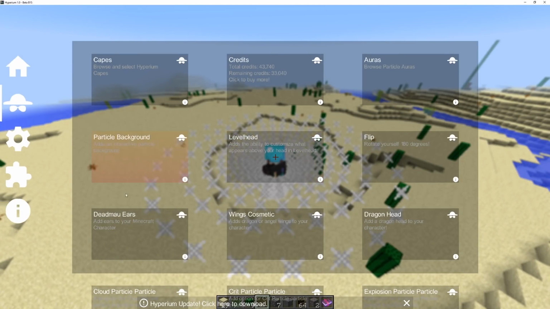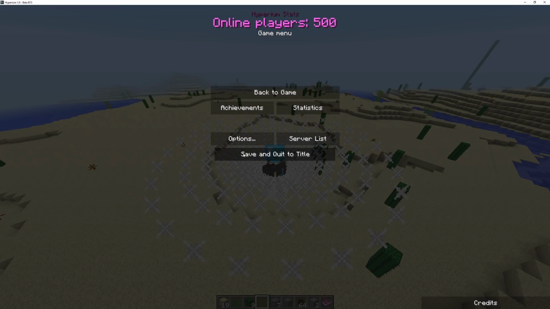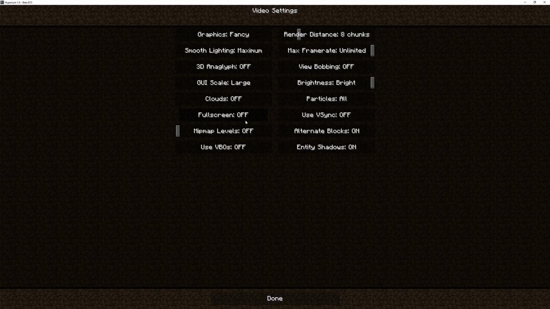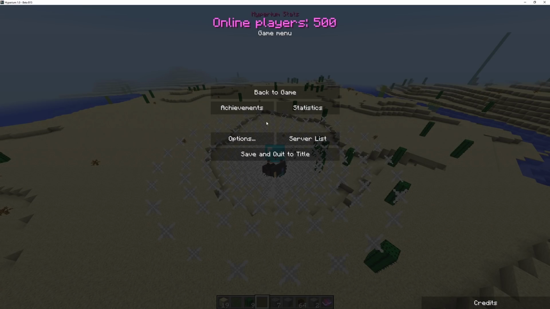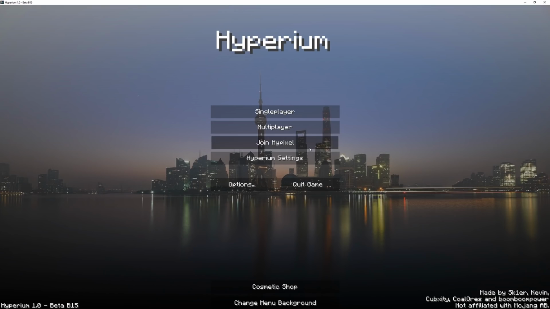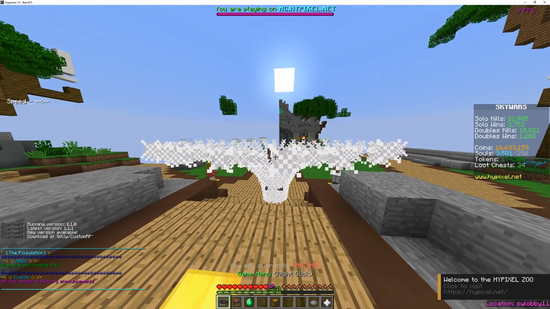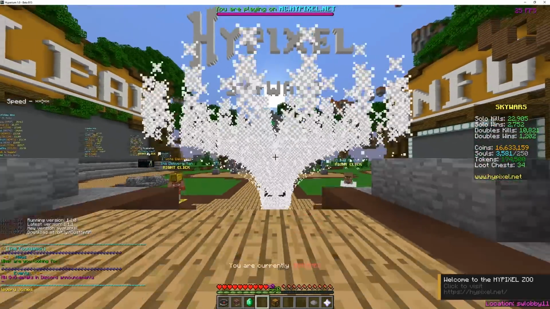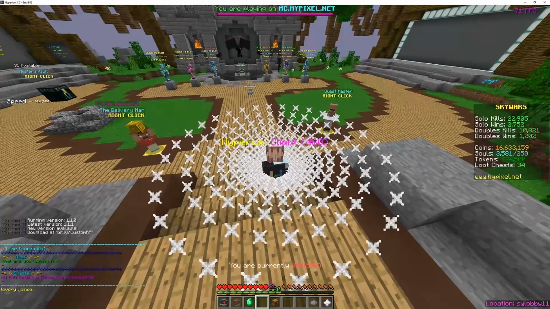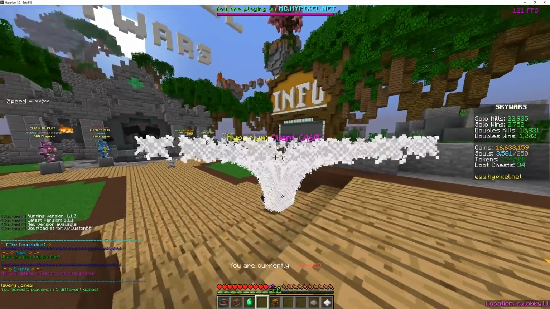I think it only does it in single player when you have the world. Oh, there is no open to LAN button. Did we get rid of that? Oh, we're just going to go join Hypixel and debug in there. I feel like it won't flash. It flashes from certain angles. That's weird. Alright.